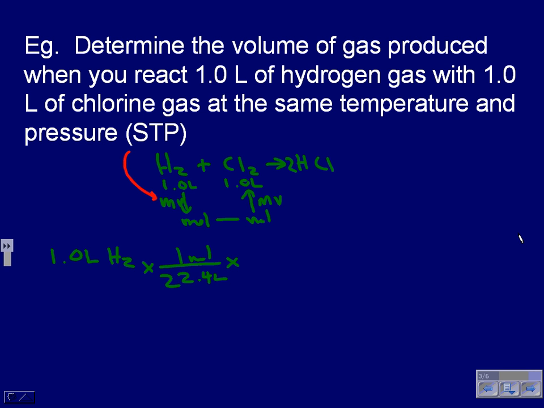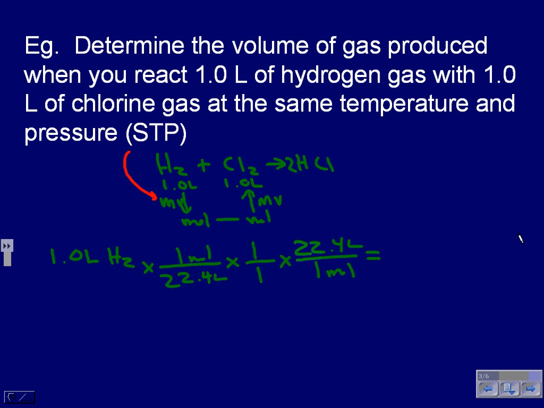And now I need my mole ratio, what I have on the bottom, what I want on the top. And now I put in my molar volume, still at STP, and this time I need to get liters out. So it's on the top, and 1 mole's on the bottom.